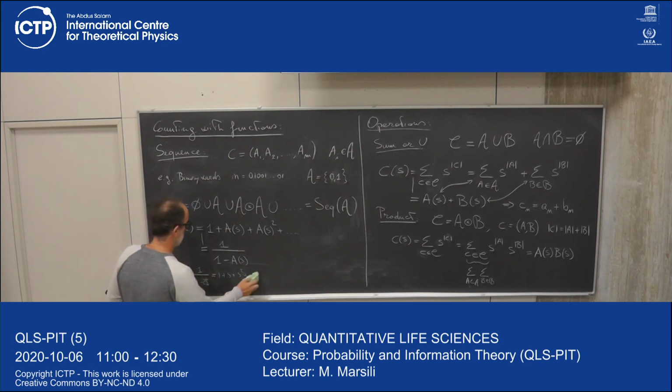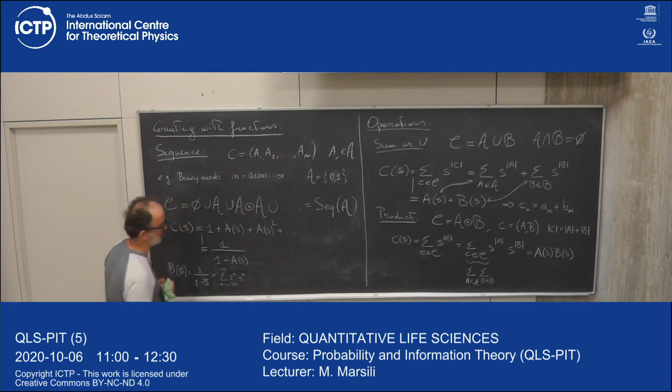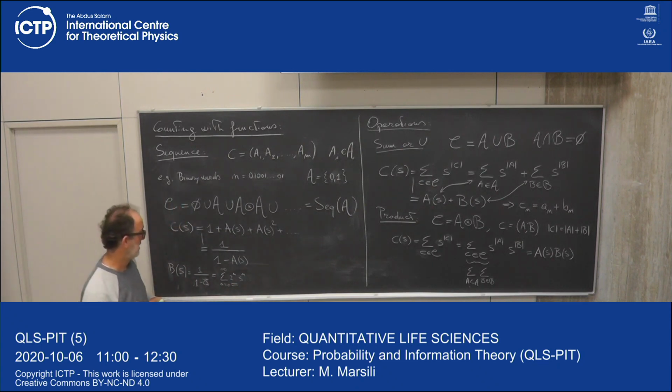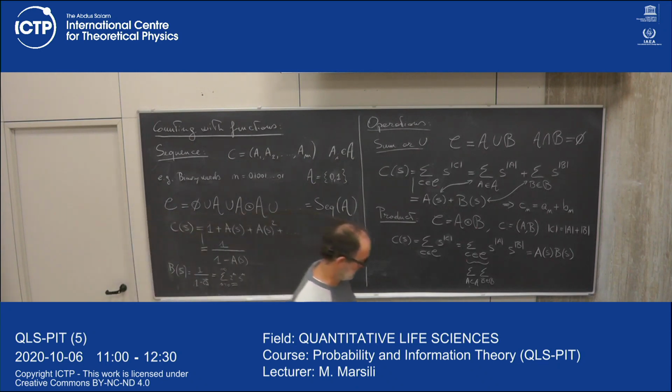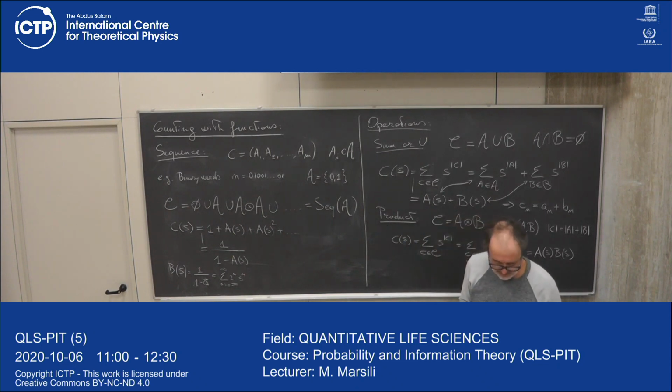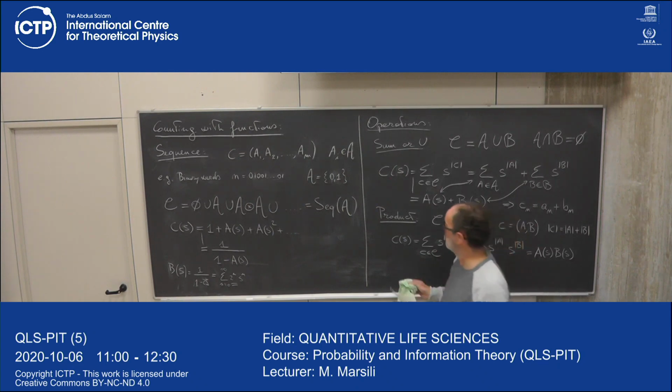Then this is just the sum from n equals 0 to infinity of 2 to the n times S to the n. This tells you that there are 2 to the n binary words of size n, which is intuitively true.